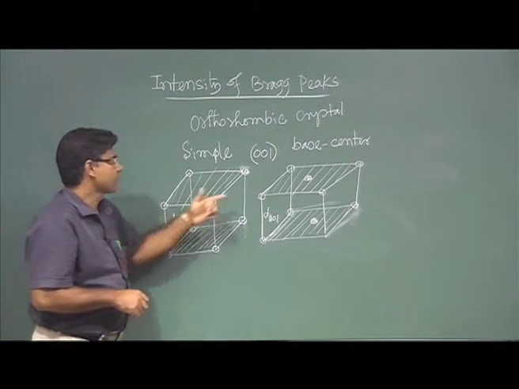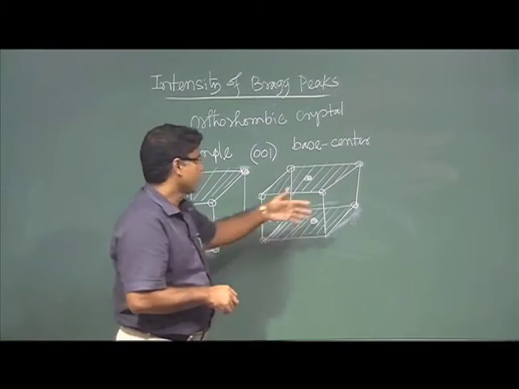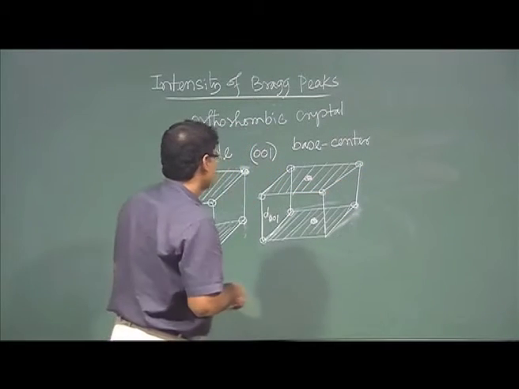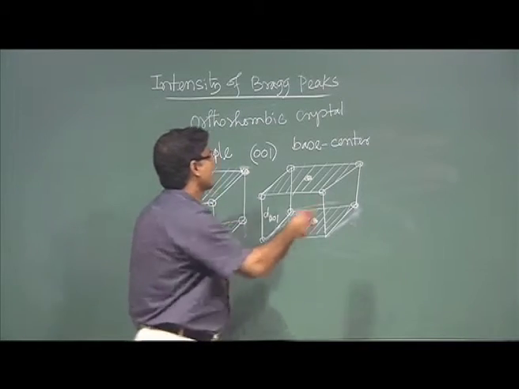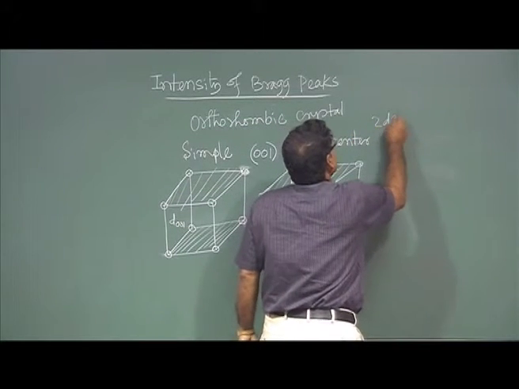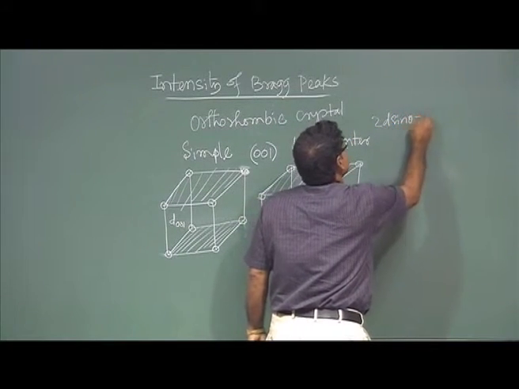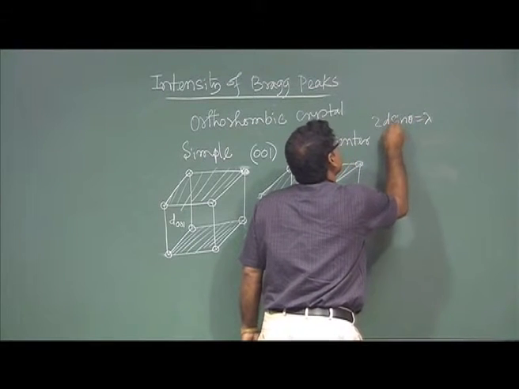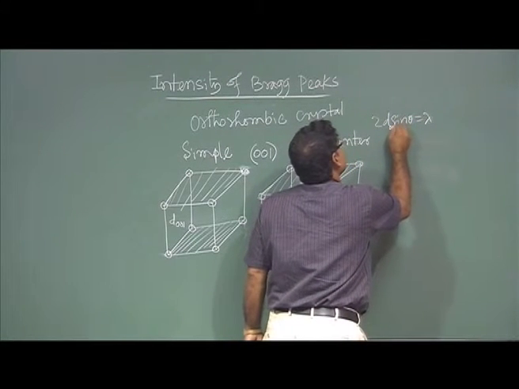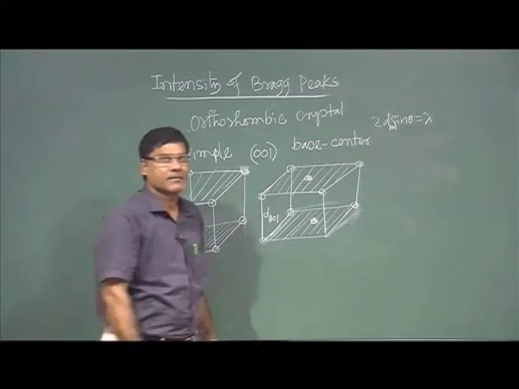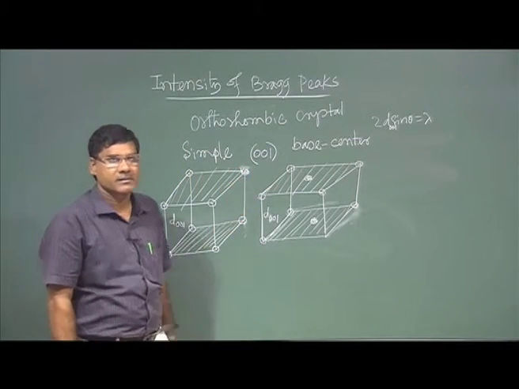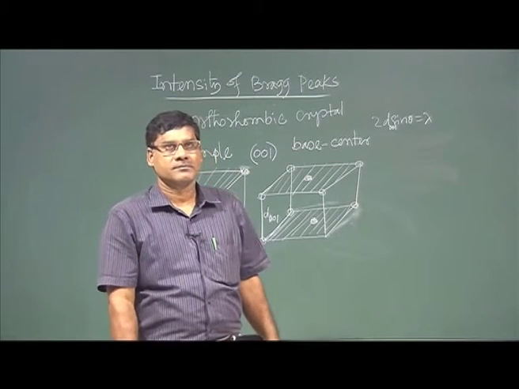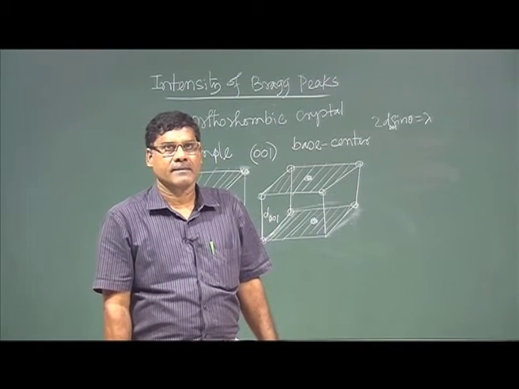We will get that peak for this 001 plane, at whatever theta one can calculate from 2d sin theta equal to lambda. At that theta we will get a diffraction peak.